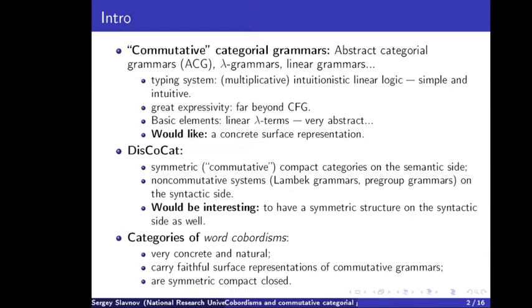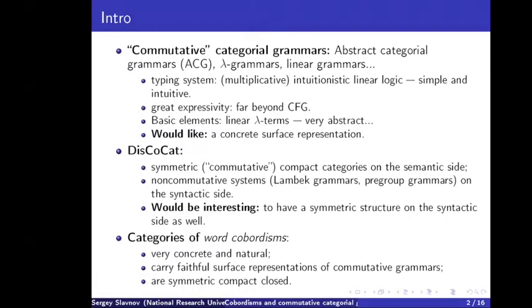So apparently it would be good to have a more concrete surface representation for these systems. And well, there exists a very concrete and natural category, a symmetric compact category, that I will be discussing, where these grammars can be interpreted. That is one thing.